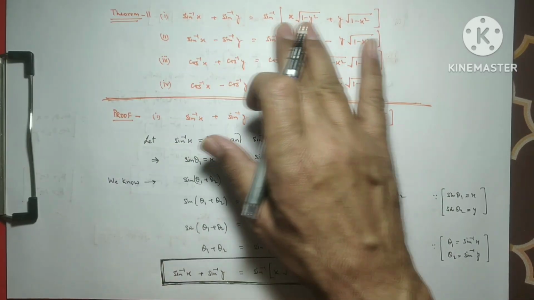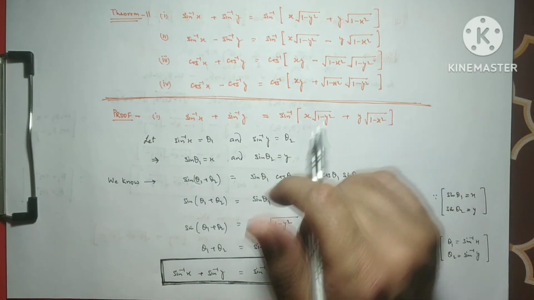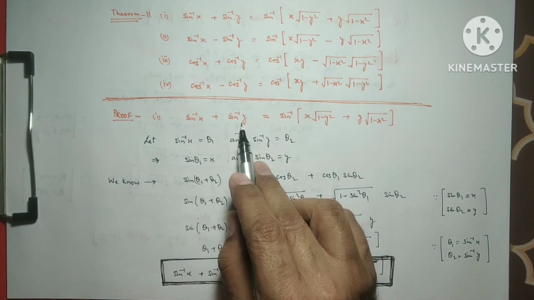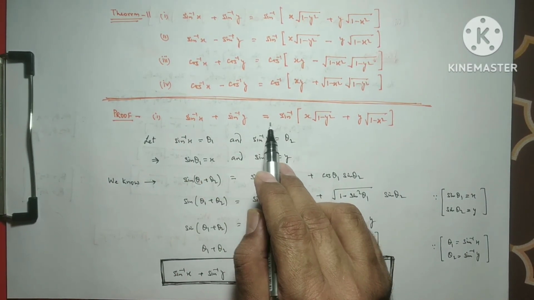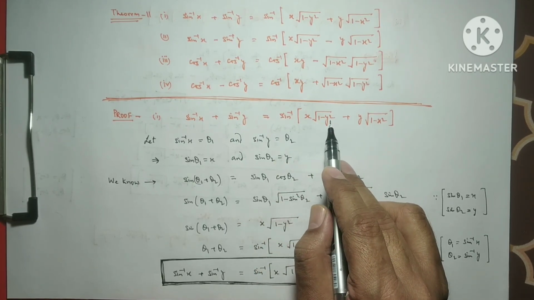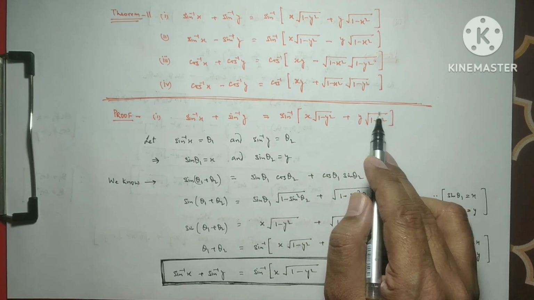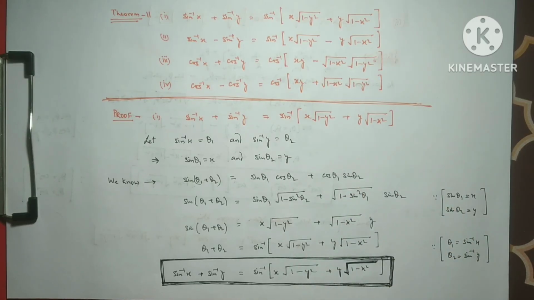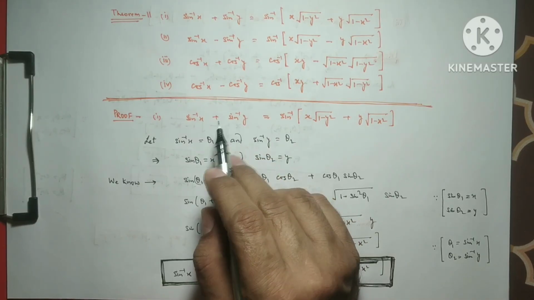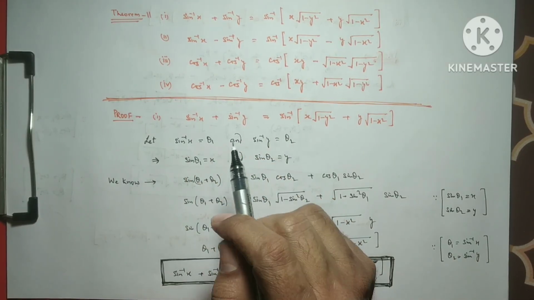So we are taking the first part of theorem number 11, that is sine inverse x plus sine inverse y equals sine inverse of x into under root 1 minus y square plus y into under root 1 minus x square. Now we have two sine inverses, which means we have two different values.